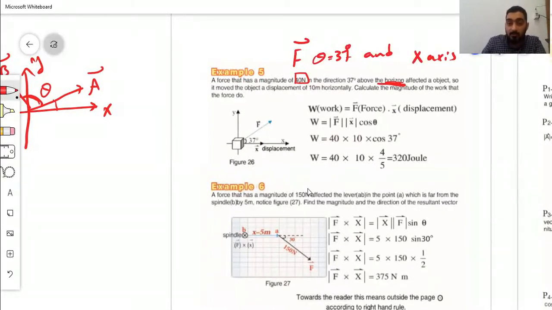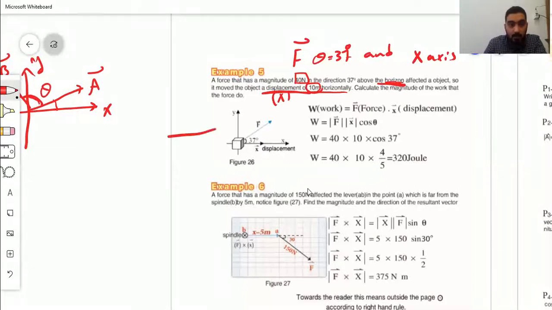It affects an object, so it moves that object a displacement of 10 meters horizontally. This means that the second vector is a displacement, represented by x, along the x-axis.